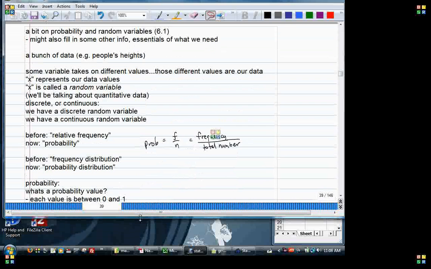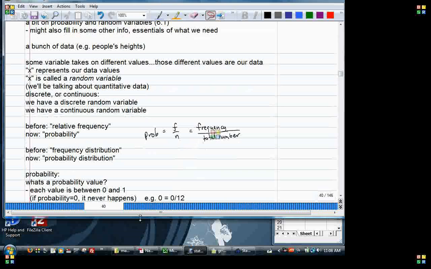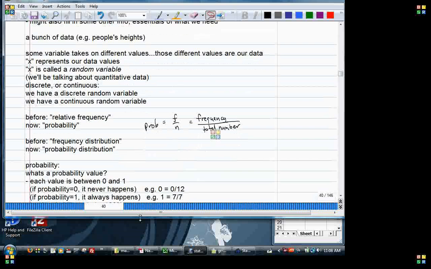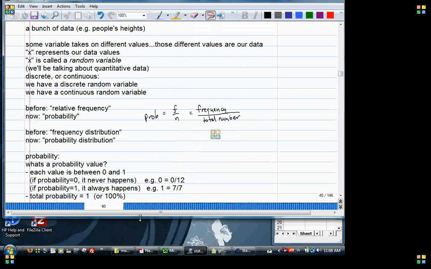So for example, any probability value has to be from 0 to 1. If a probability equals 0, that's the same as something never happening. For example, 0 out of 12. And if probability equals 1, it always happens. And the total probability is 1.